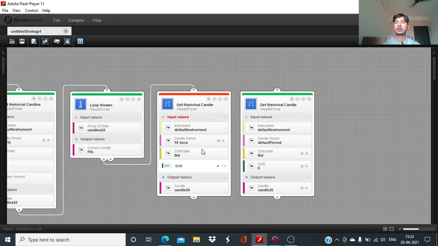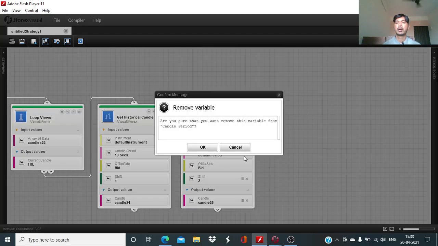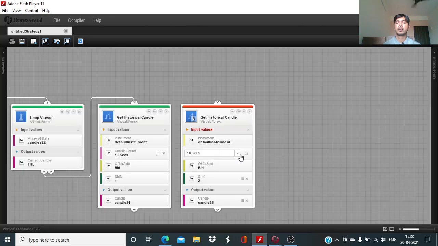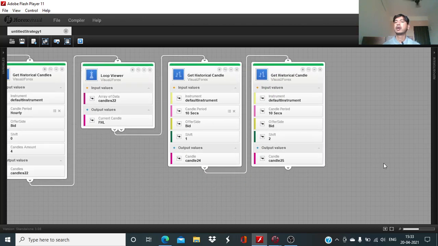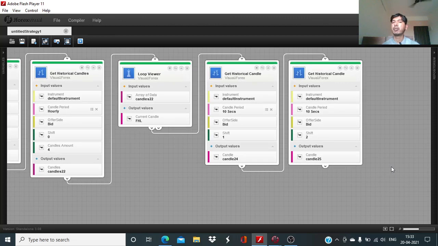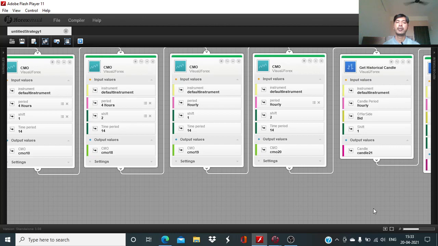This will be changed to 1, and this one to 2. So these are the blocks which will give us the idea about the trend and the point of entry.